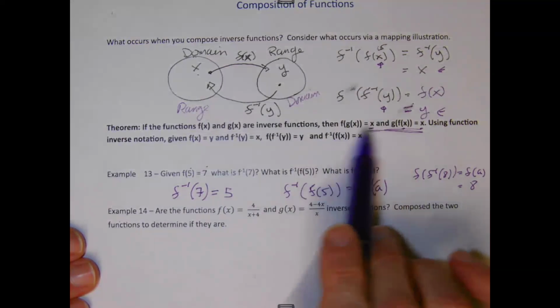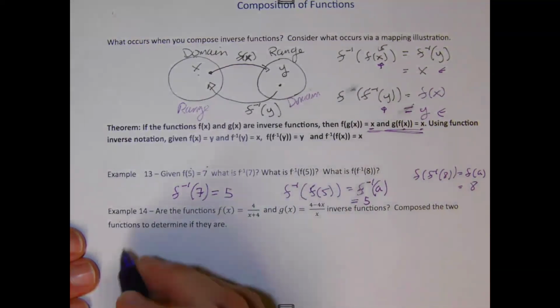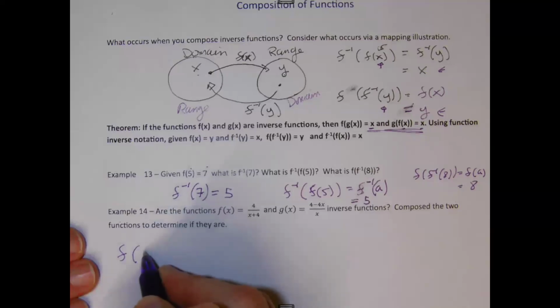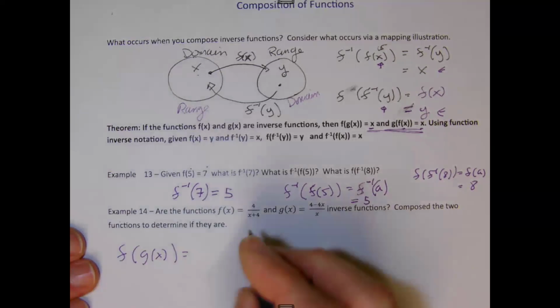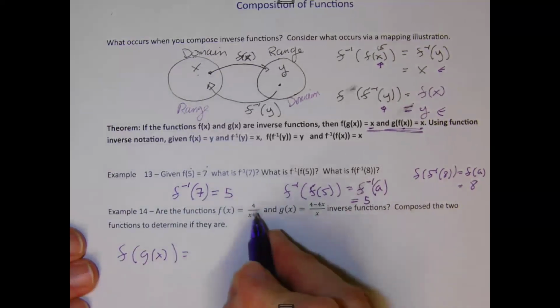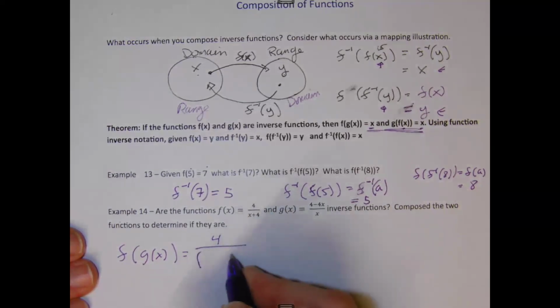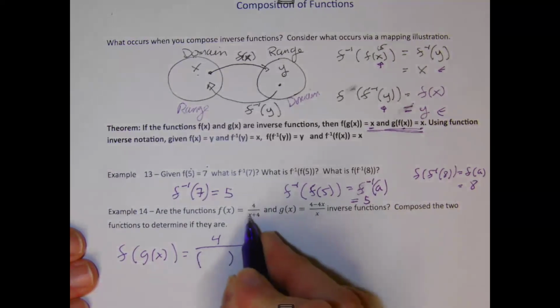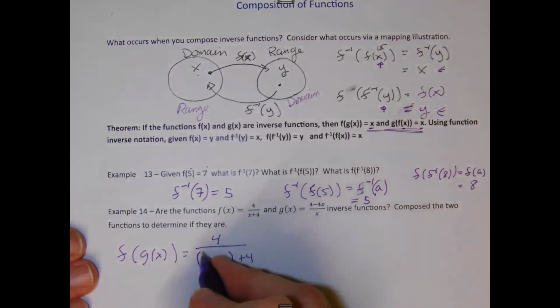So I'm going to say, look, f of g of x, what does that give me? Here's f of x. Notice the way I'm writing this. Look very carefully. I'm going to write big parentheses where the x used to be, plus 4. Then I'm going to dump in g of x. G of x is this mess right here.